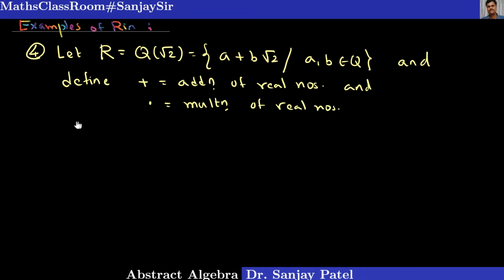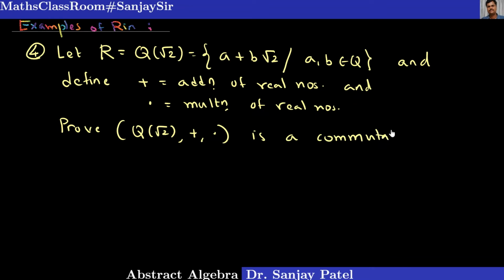Then prove that this set is a ring with respect to these two operations. Prove that Q root 2, plus, dot is a commutative ring with unity.